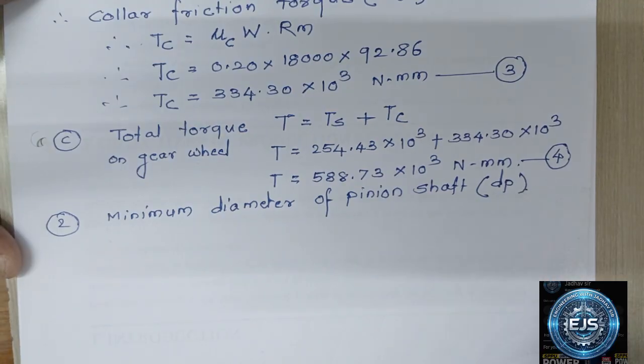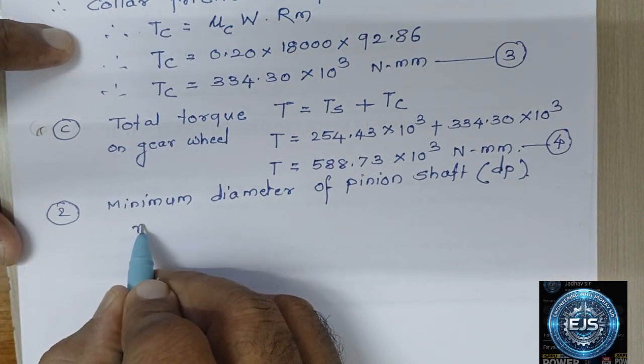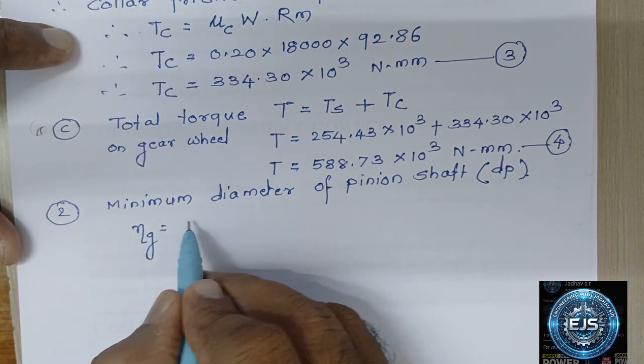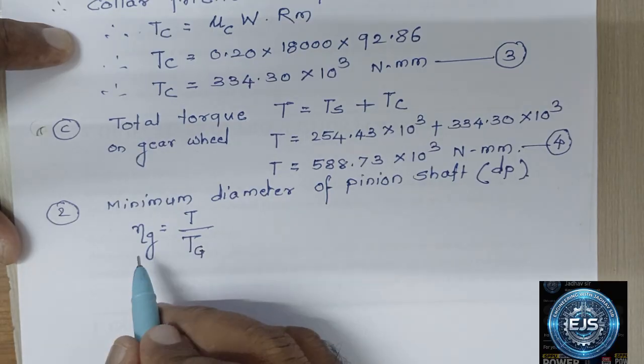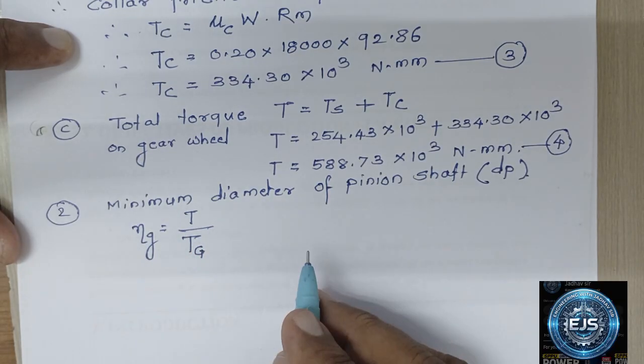This we have to find out in the problem. For that purpose we have to use the formula of mechanical efficiency. Efficiency is equal to total torque divided by torque on the gear wheel.